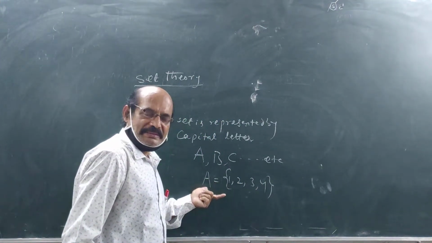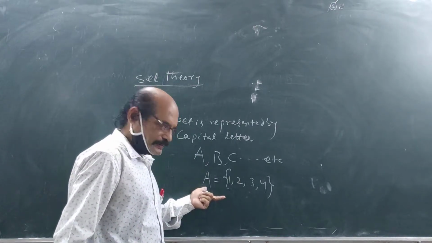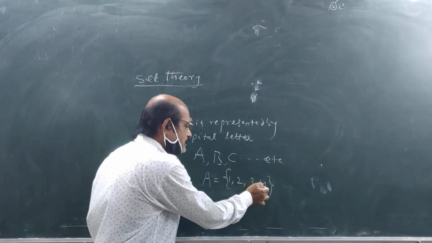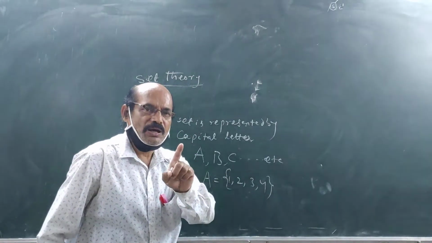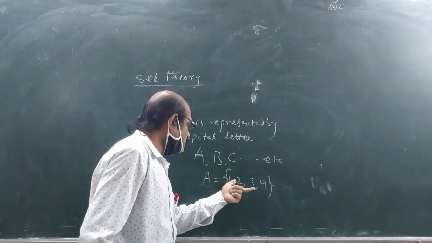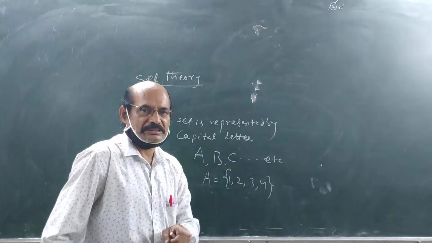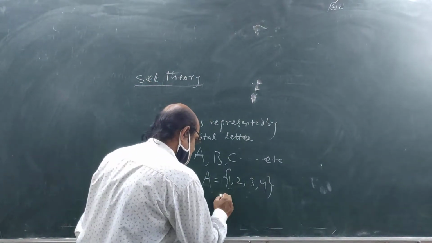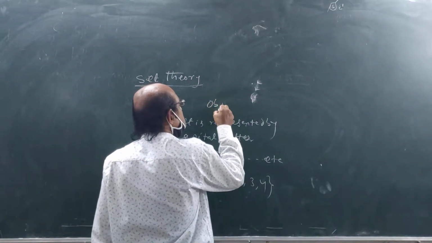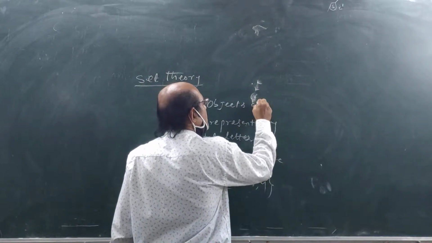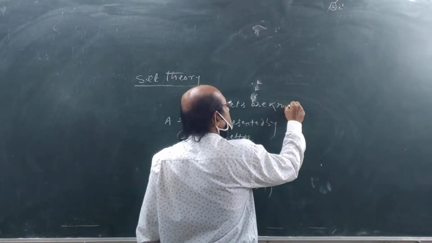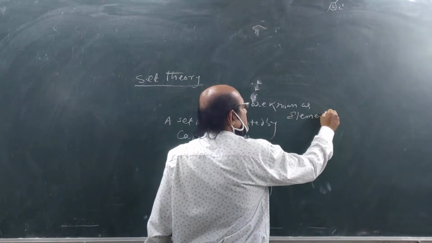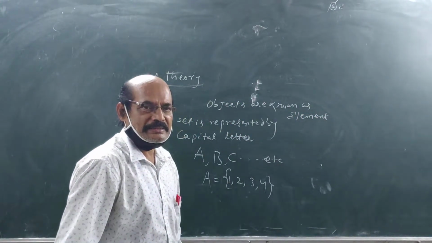Here capital A is the name, and 1, 2, 3, 4 are known as objects. These objects are known as elements.